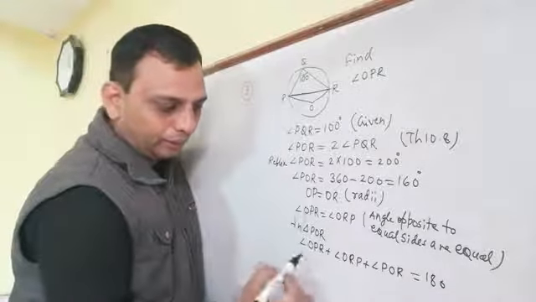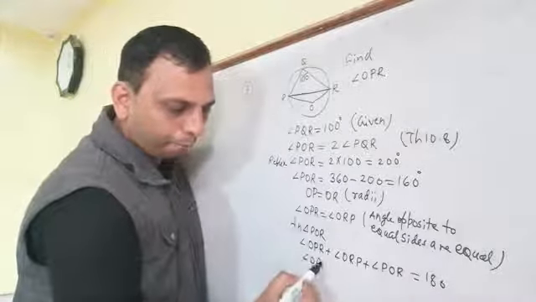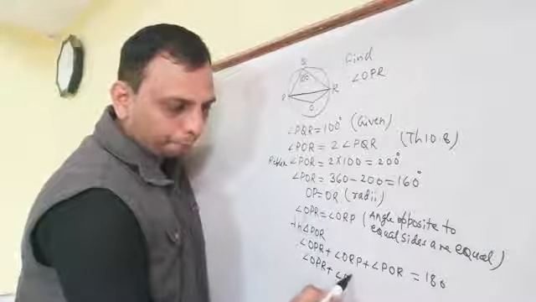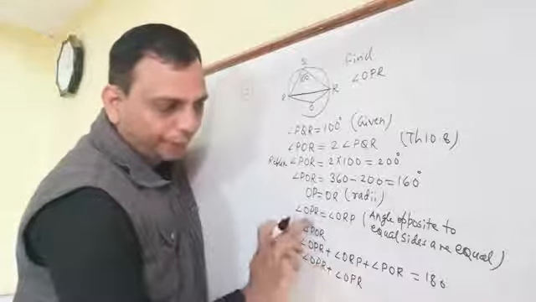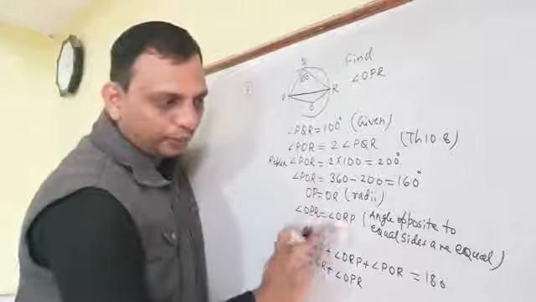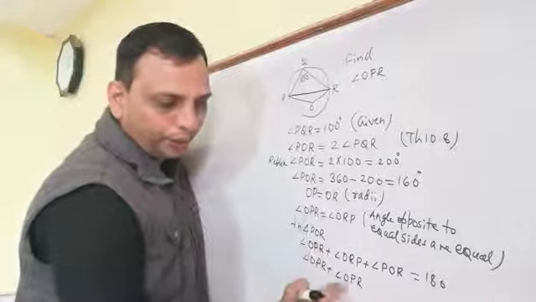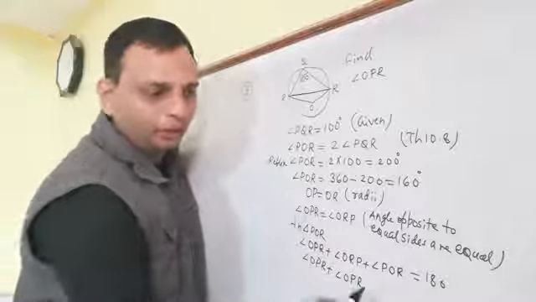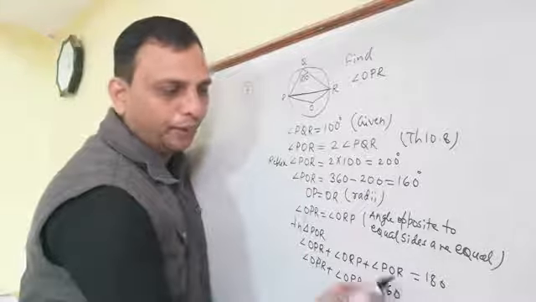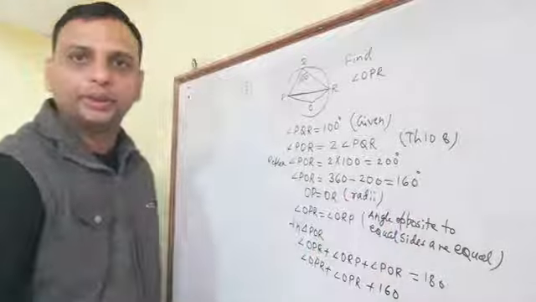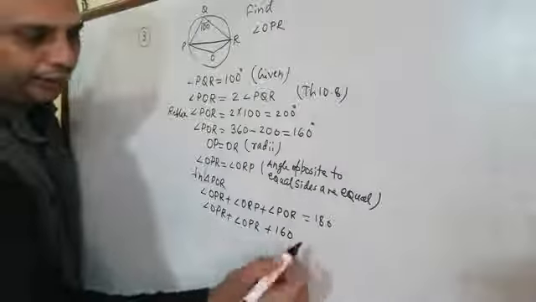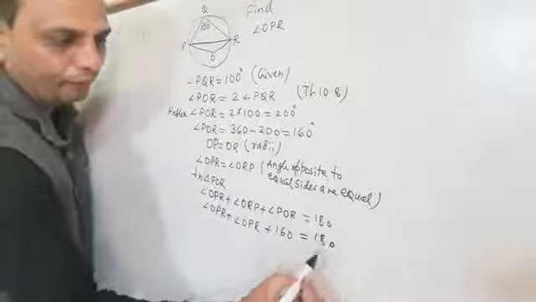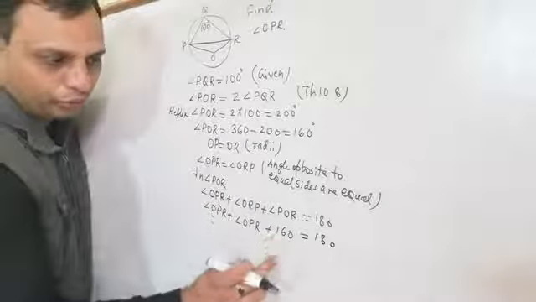And these two angles are equal. So in place of ORP, I write OPR, because these two angles are equal. And POR is how much? 160. You have to use the 160 here, because all the angles sum to 180 degrees.